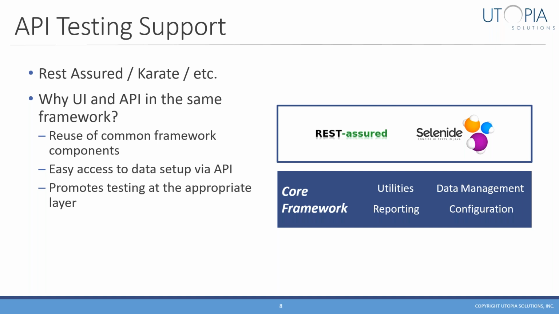So building two different frameworks and maintaining two, when a lot of the things you do in UI and API are going to be the same, is maybe a maintenance headache. So you don't necessarily want to go that way. It's good to include both in the same framework.